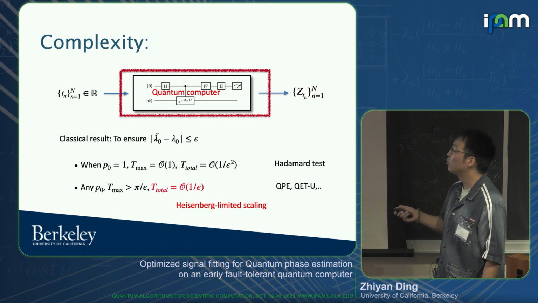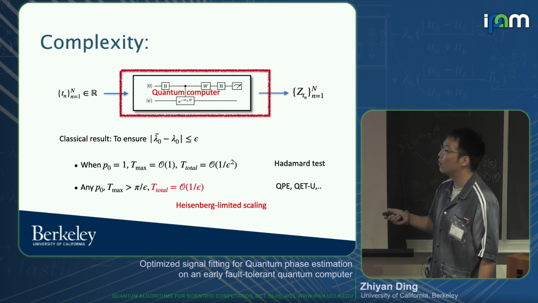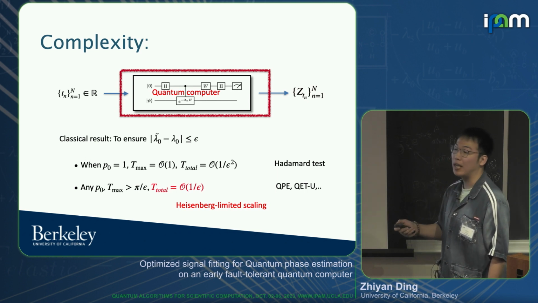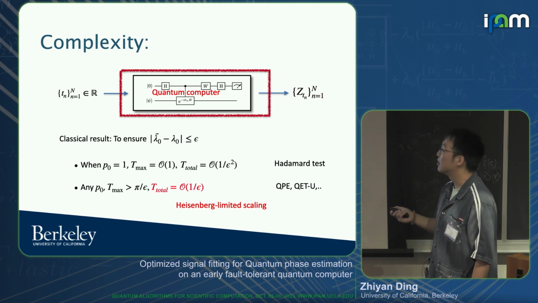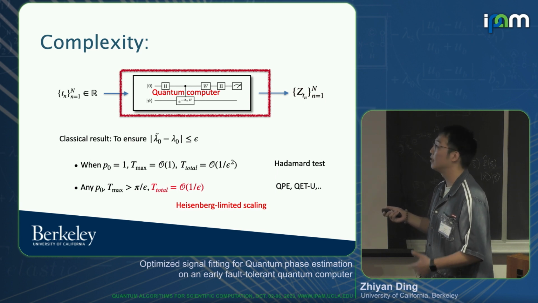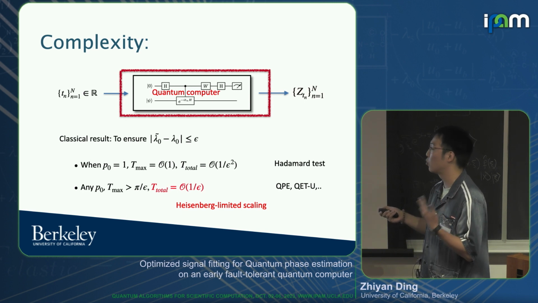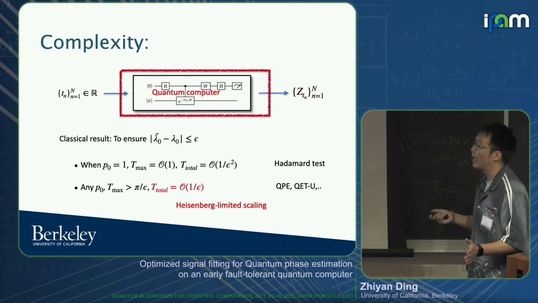To run the Hadamard test, we need to ensure that this initial overlap equals 1, meaning that my initial state is exactly the ground state. The advantage of the Hadamard test is I can keep this maximum running time to be order 1. However, the disadvantage is the total running time is 1 over epsilon square. So it's not optimal.